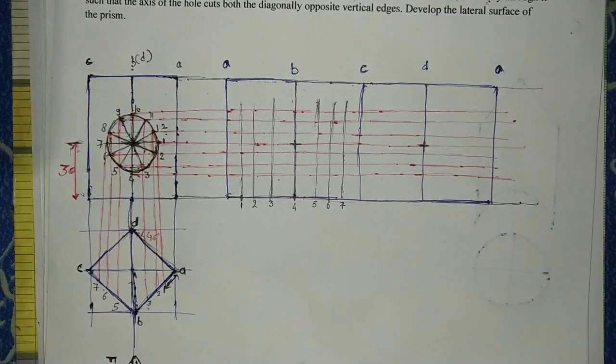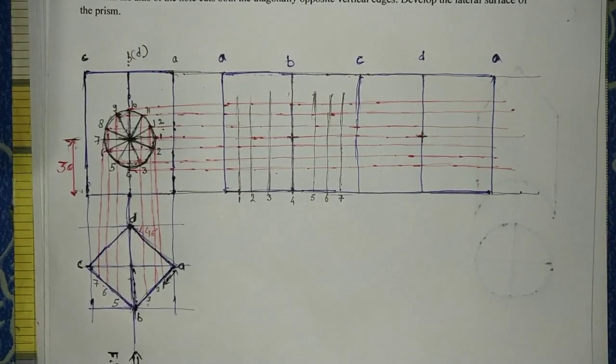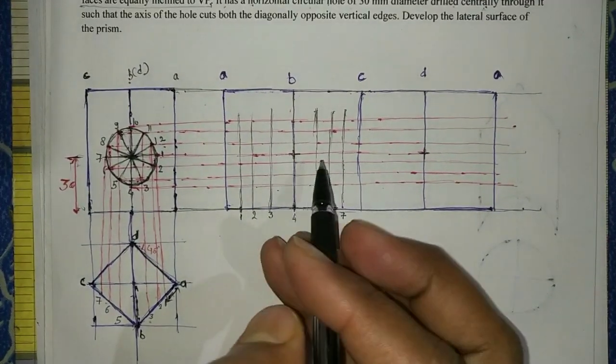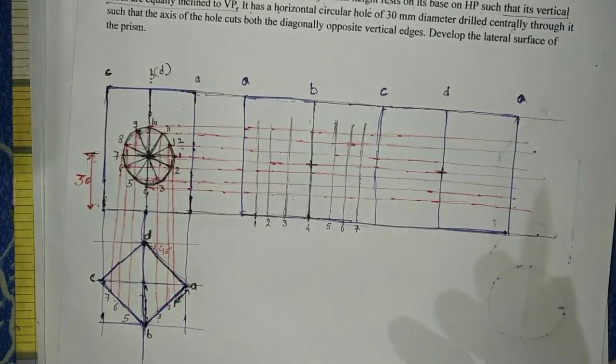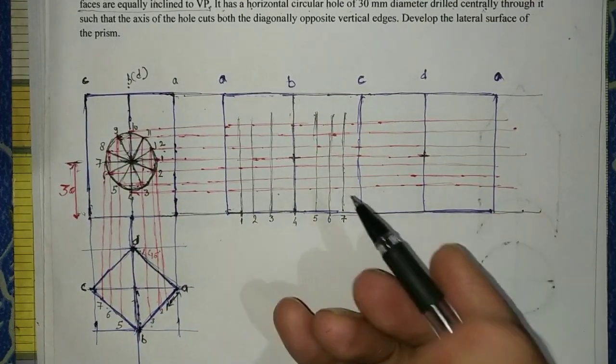Okay, so now we have completed almost. What we have to do, we just have to find out the intersection points. How?